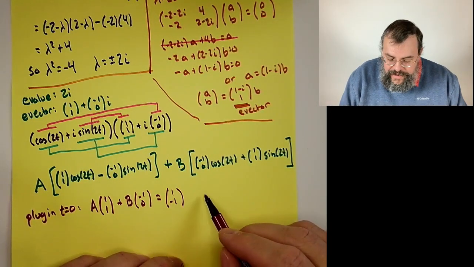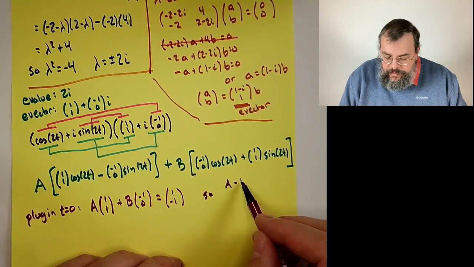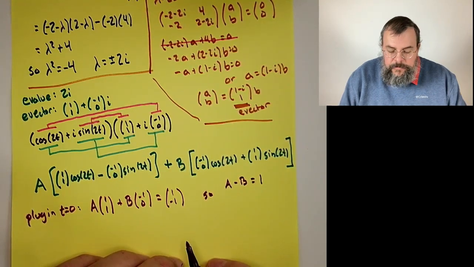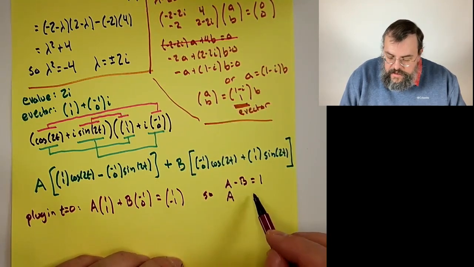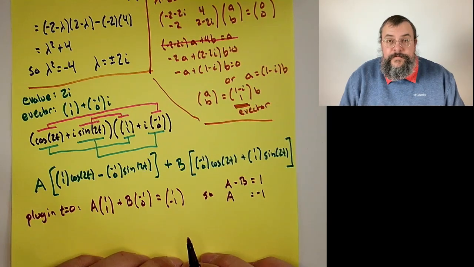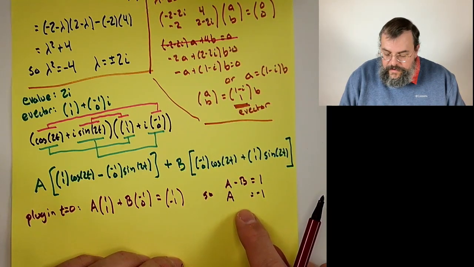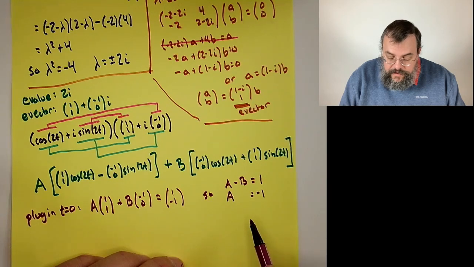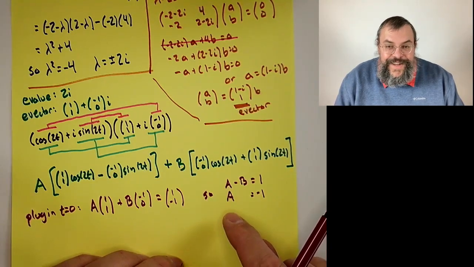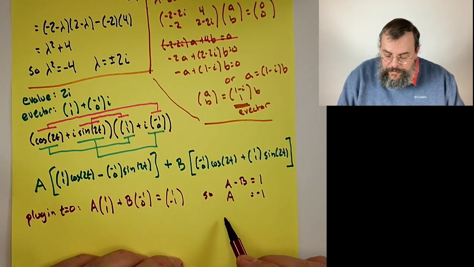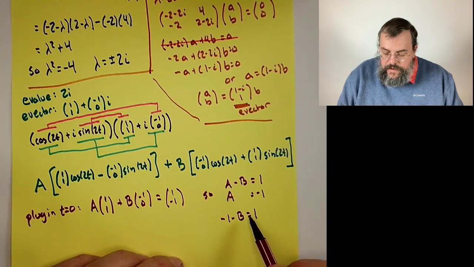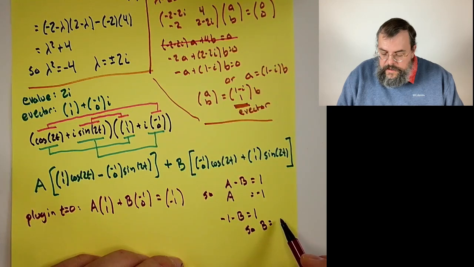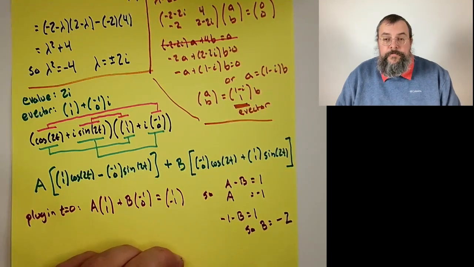And so we get a minus b equals plus 1. And we have that a plus 0b equals minus 1. Oh, well, that makes it really nice. So if a equals minus 1, which is what the second equation says, then we have minus 1 minus b equals plus 1. Okay, so move the b around. So b has to equal minus 2.